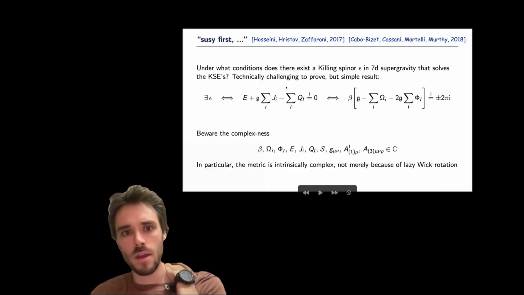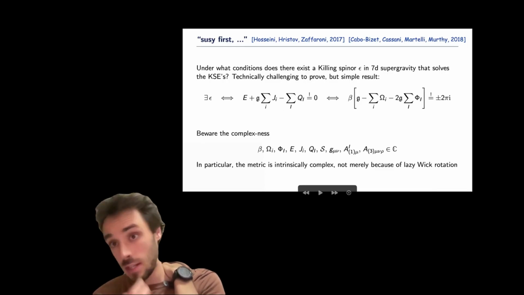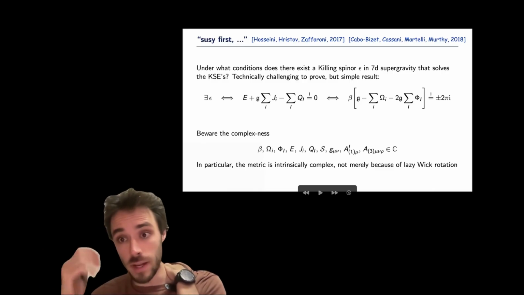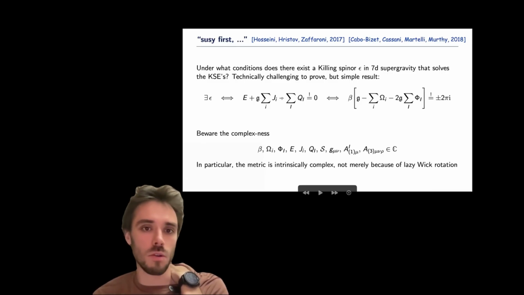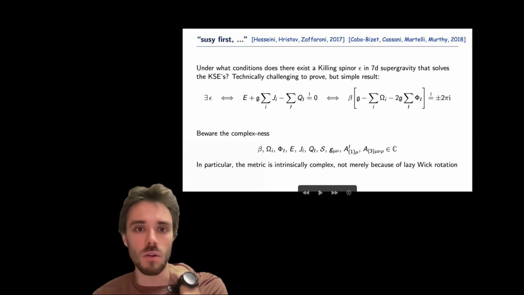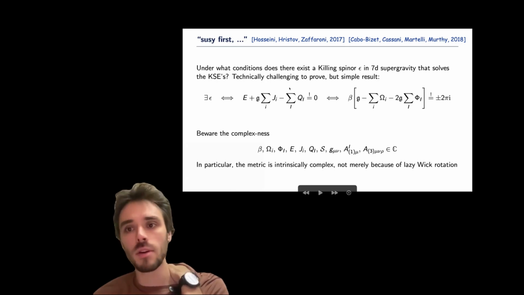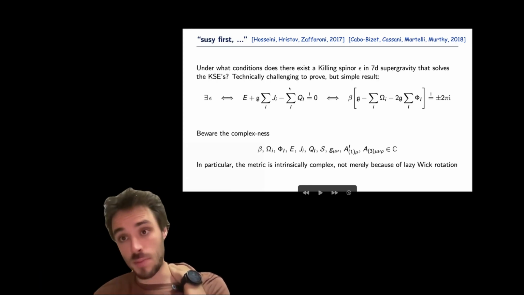This has been explicitly checked in papers by Cvetic, Lu, Pope, the usual gang. For example, they consider a case of equal charges or equal rotations, I don't remember, and in that case you sit down and explicitly do it.